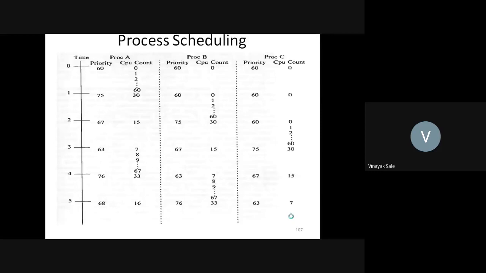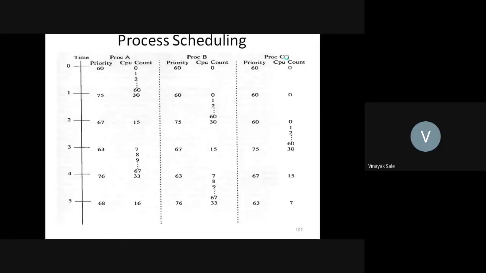In this figure, there are three processes, process A, process B and process C, that are going to execute. Process A has the highest priority, process B the middle priority, and process C the lowest priority, as we are considering here.